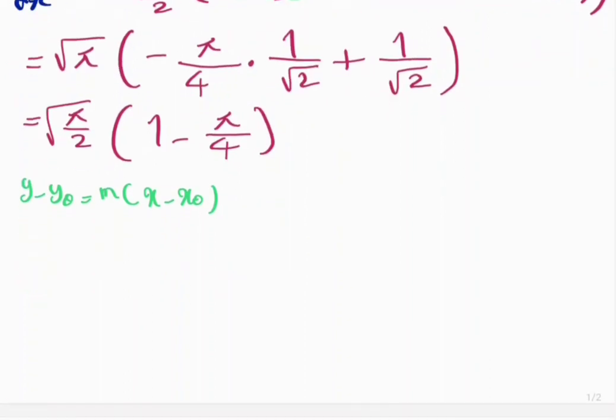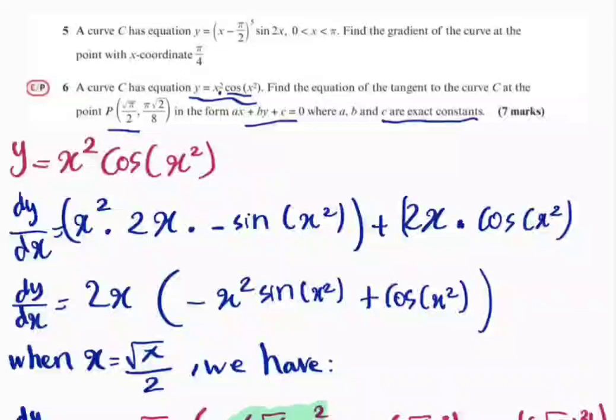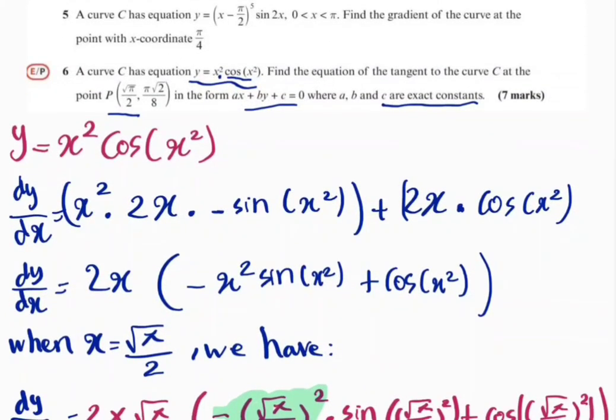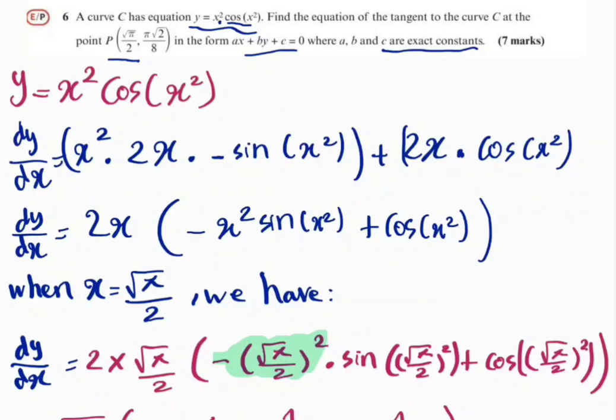So in this case, point P has the coordinates root pi over 2 and pi root 2 over 8.